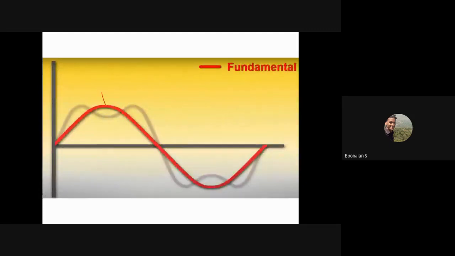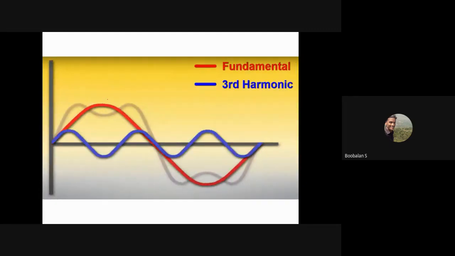For example, this is my voltage waveform and this is my current waveform. The red color indicates my supply voltage, and this blue color indicates the flow of current. I have different kinds of switching operations on my load side.